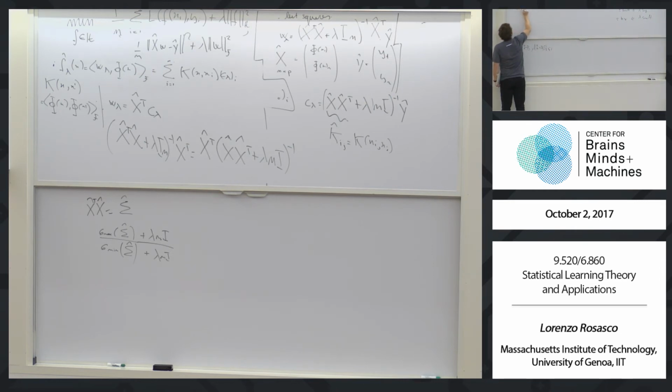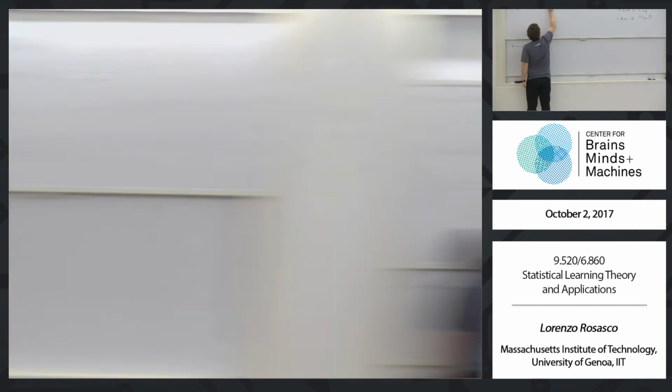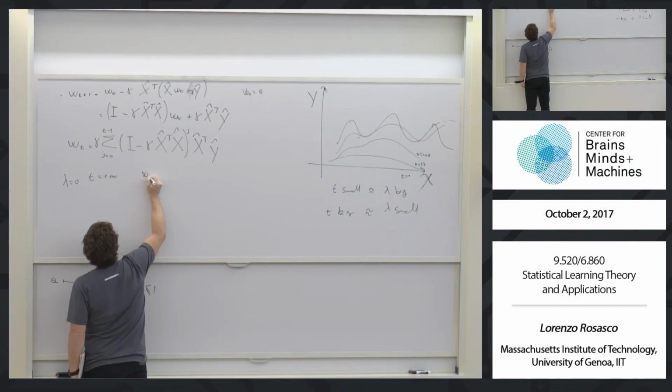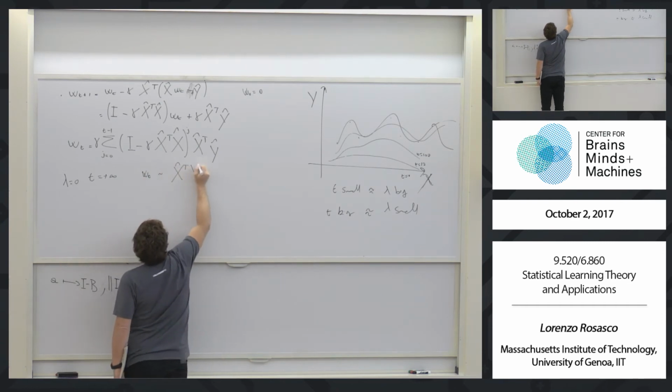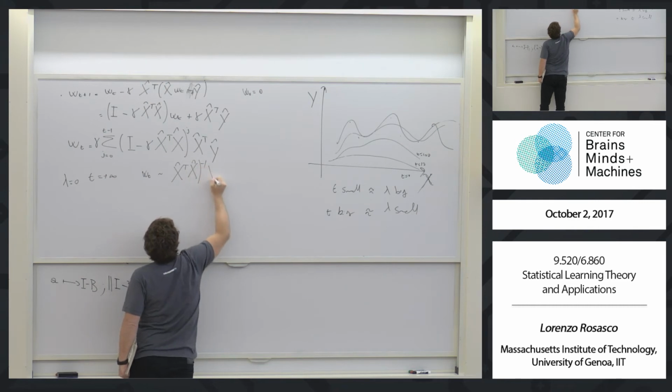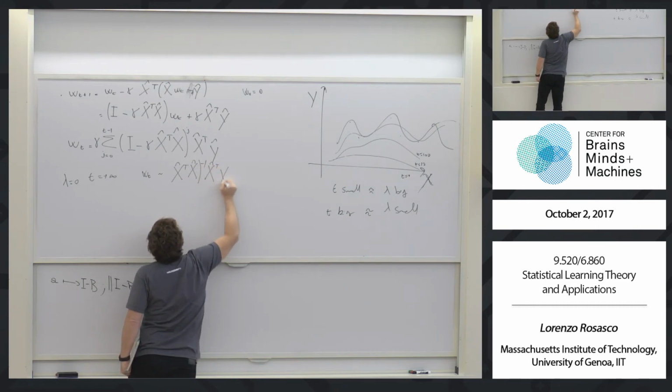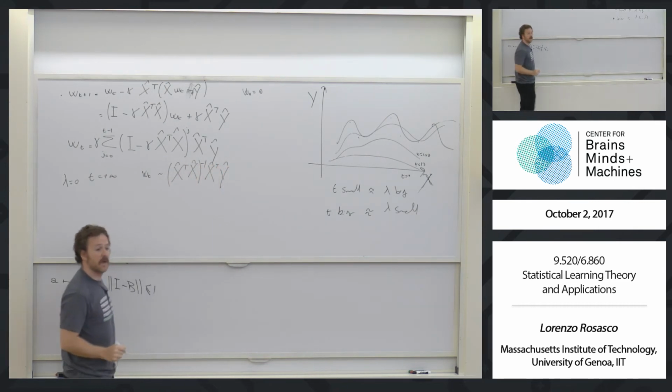Lambda equal to 0 or t equal to infinity, I basically get that Wt is roughly x transpose x to the minus 1 x transpose y, okay?